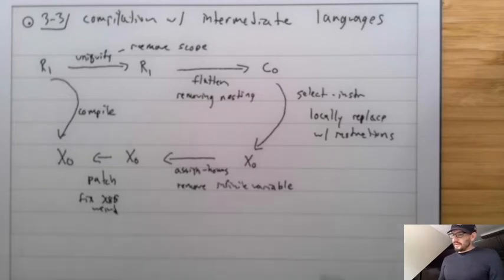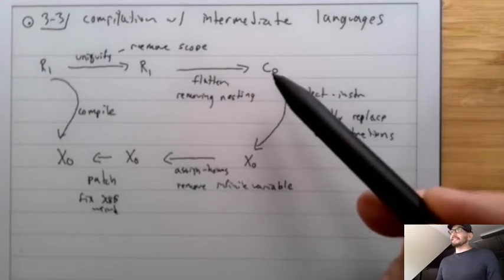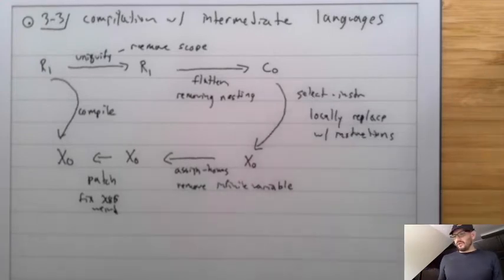All right. So let's first define what this C0 thing is, so you know what that intermediate spot is. C0 is going to be very similar to the x0 language. It's sort of a mixture of x0 and R. So it looks like this.